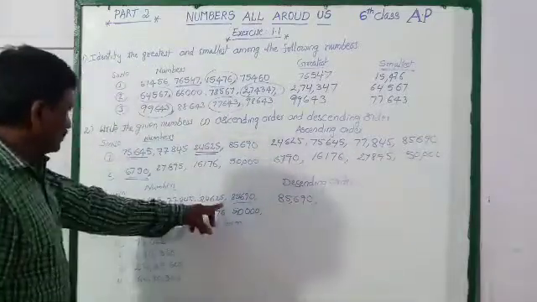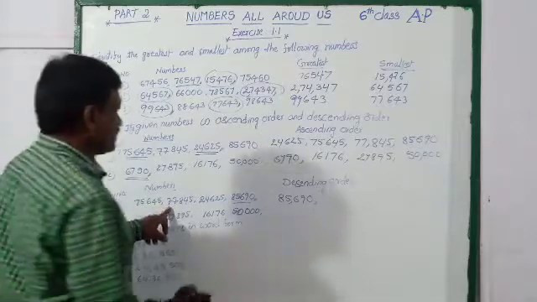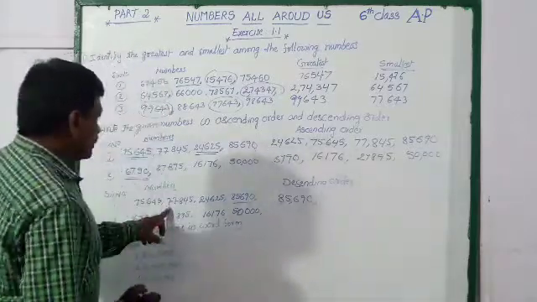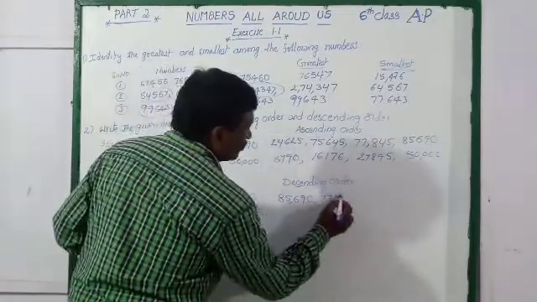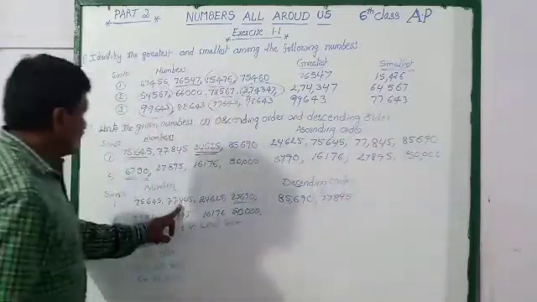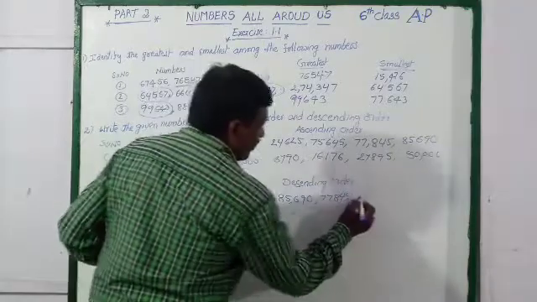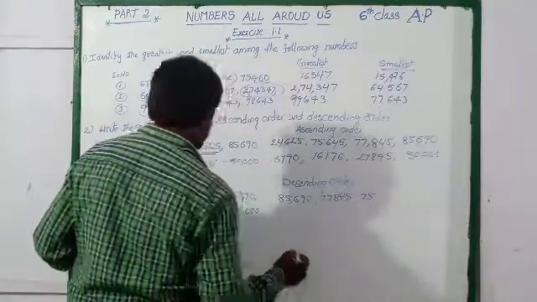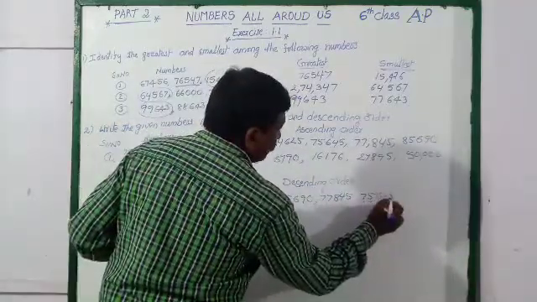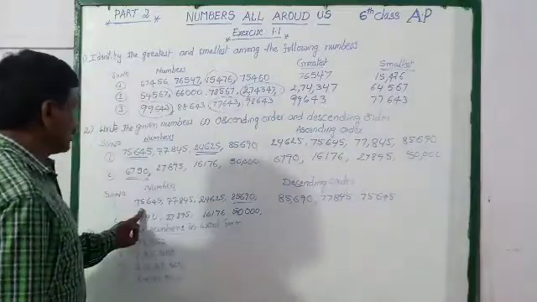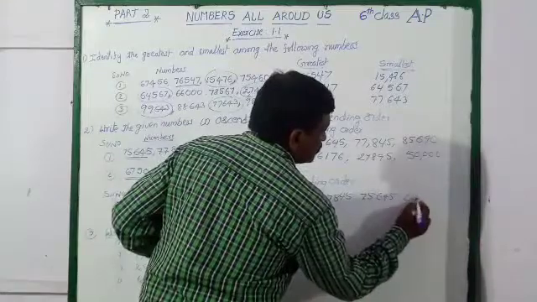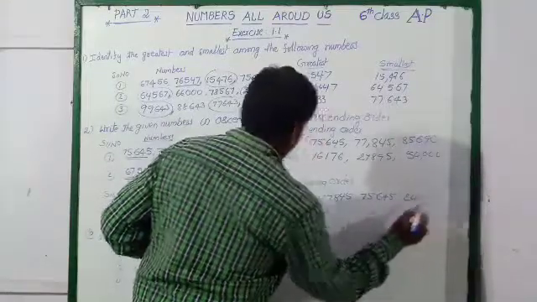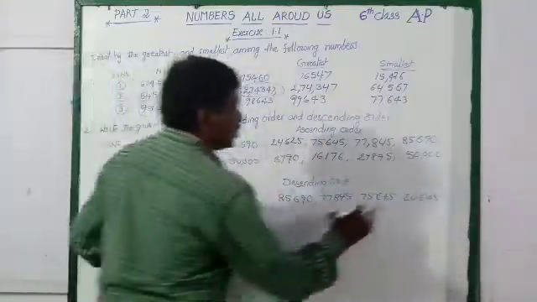Next greatest 77,845. Next greatest 75,645. The last, smallest, 24,625.